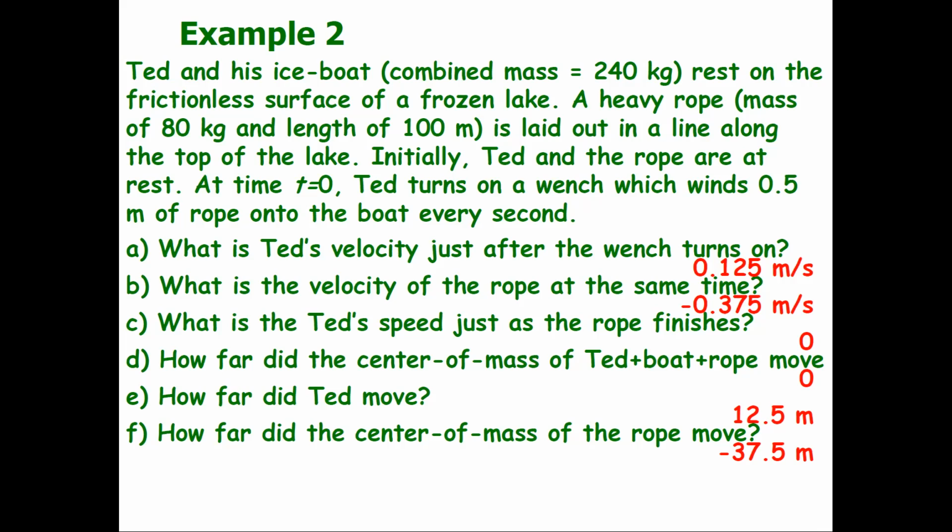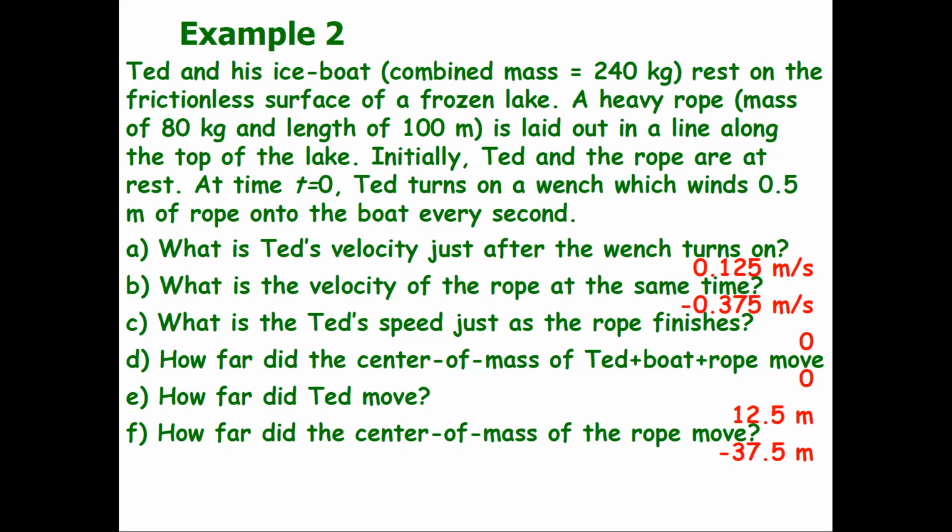How far did the center of mass of the rope move? Of course, the center of mass of the rope was moving in the negative direction. In other words, you are being asked what amount of rope was tied onto the boat before the boat came out of the ice and got on the shore. This is what is being asked here.